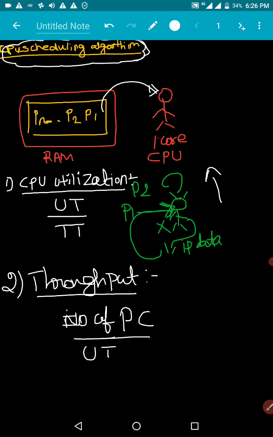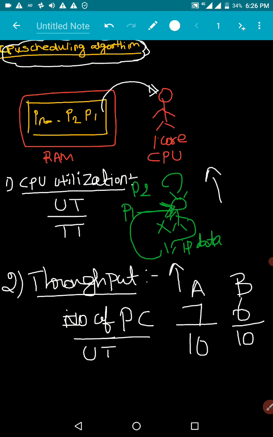This throughput should also be maximal. For example, out of 10 units, 7 processes are completed in algorithm A, while in algorithm B, out of 10 units, 6 processes are completed. Clearly algorithm A is better.